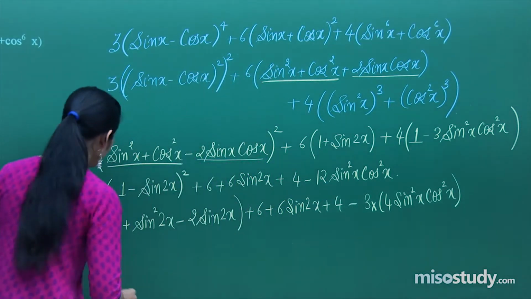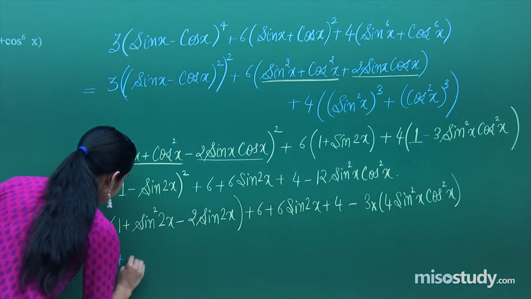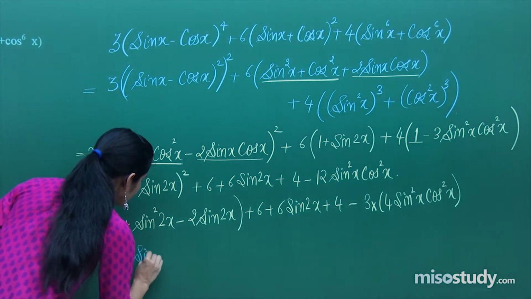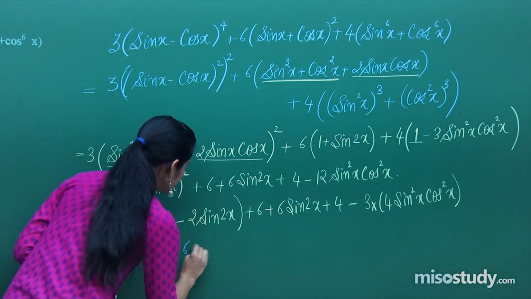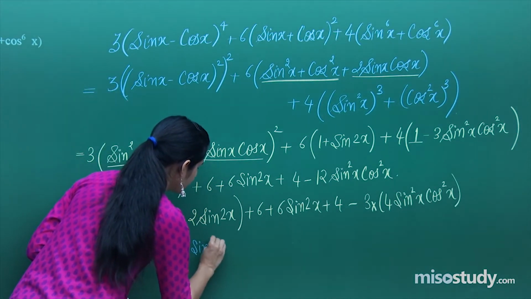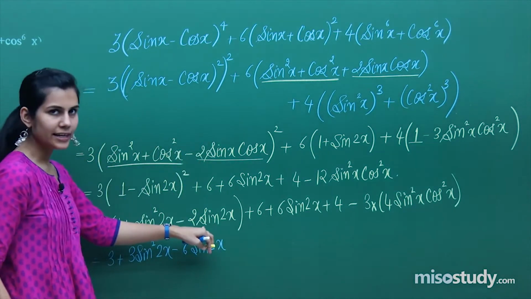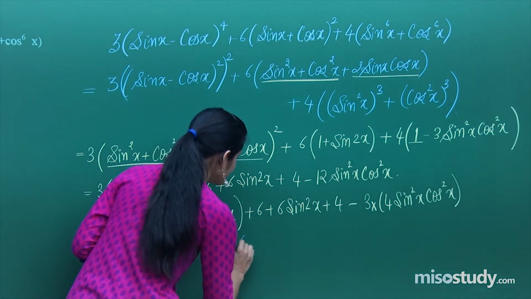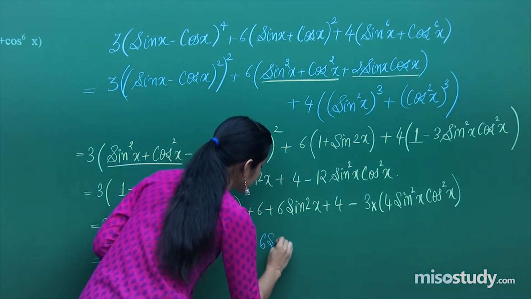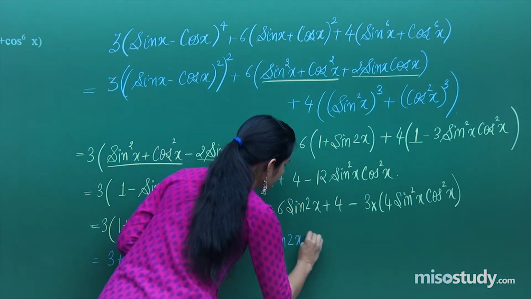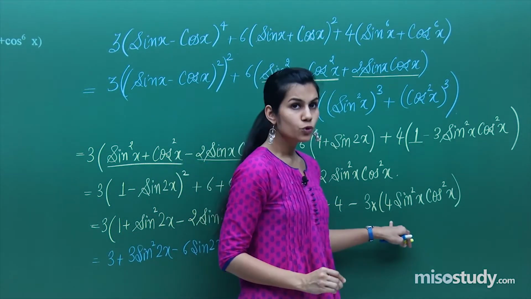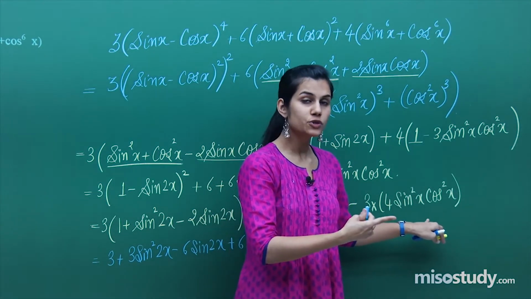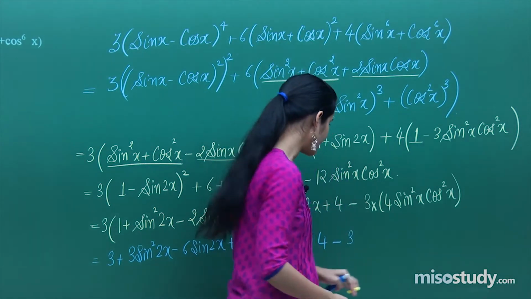So I am going to now write it as 3 plus 3 sin square 2x minus 6 sin 2x plus 6 sin 2x plus 4 minus 3 (2 sin x cos x) whole square, which is sin square 2x.